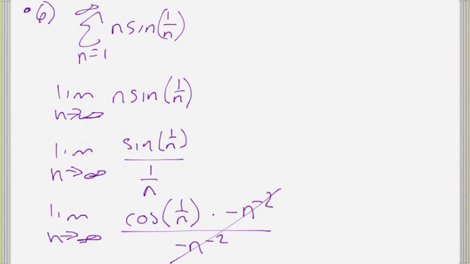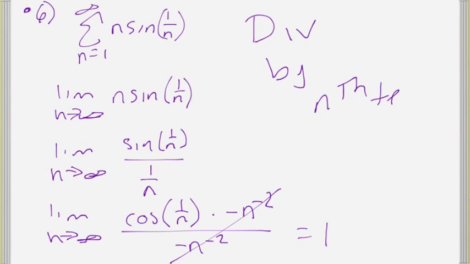So now, as n goes to infinity, 1 over infinity is 0, and cosine of 0 is 1. And what that means is our terms are not becoming 0, our terms are becoming 1. And so then 1 plus 1 plus 1 plus 1 forever is not going to add up to anything other than infinity. So this is a divergent series. So we would say divergent by nth term test.